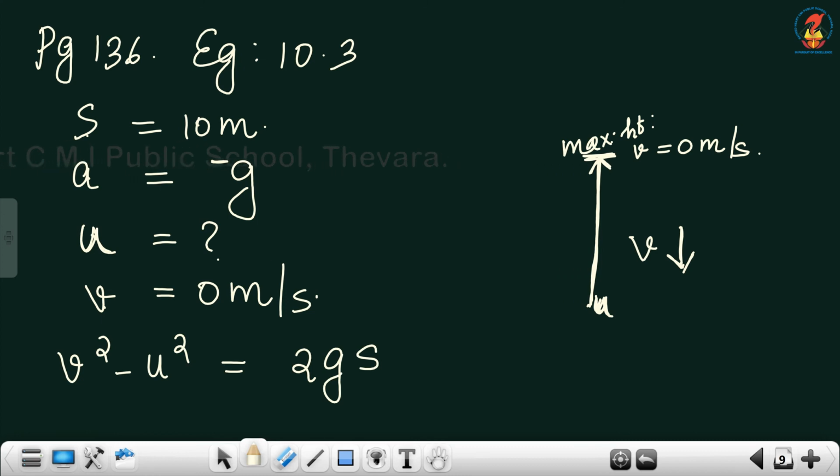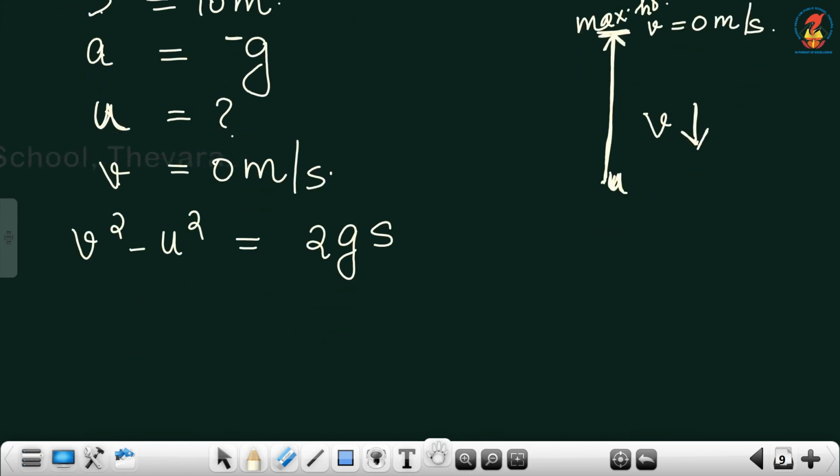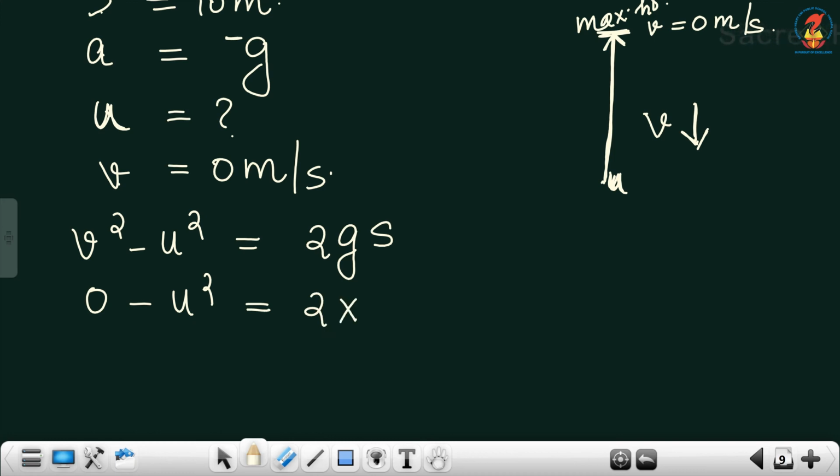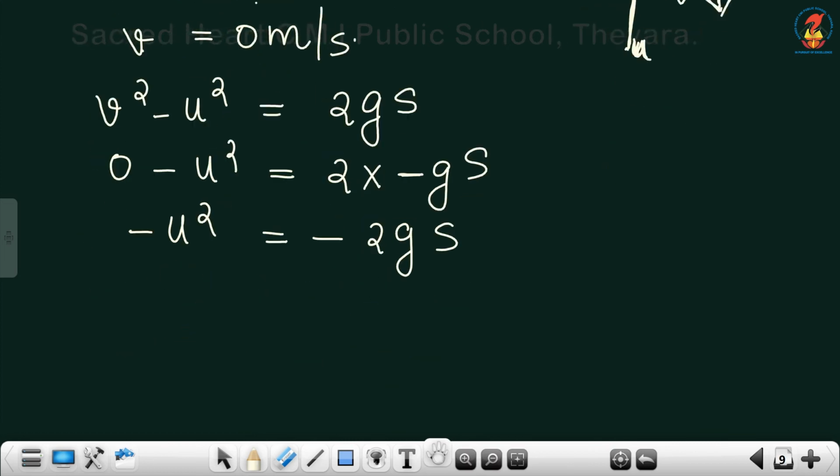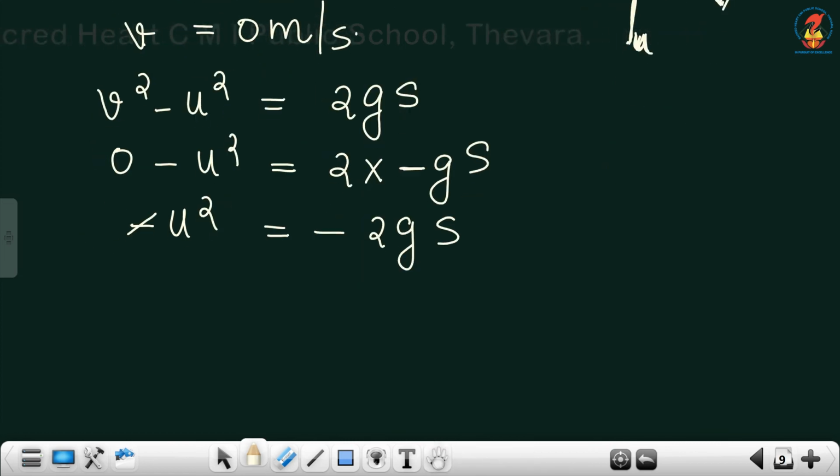Substituting the values, v square is 0, minus u square is equal to 2 into minus g into s. That is minus u square is equal to minus 2gs. The minus sign and minus sign will be cancelled off.